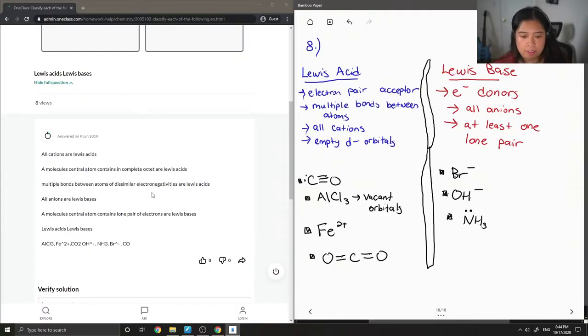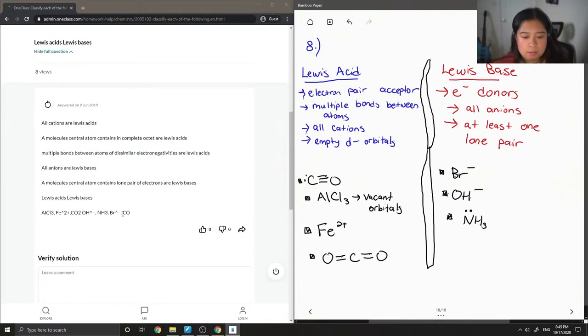Okay, so they added a bit about how the atoms have to be of different electronegativities. All anions are Lewis bases. A molecule's central atom containing a lone pair of electrons is a Lewis base, so yeah, at least one lone pair. And then they wrote it out.